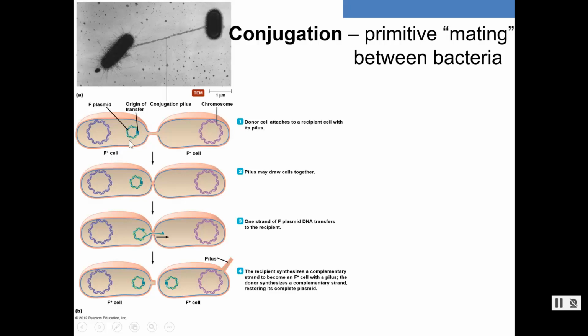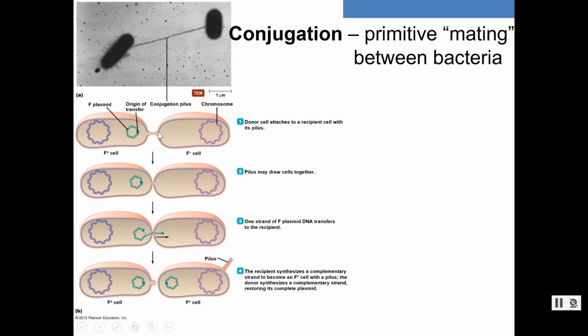It's F positive because it contains a fertility factor, and then that fertility factor will replicate itself and cross over using that pilus, and now this cell will become F positive. So we talked about F positive and F negative. The F positive cell will only form a pilus with an F negative cell. We talked about it getting replicated and then crossing over.